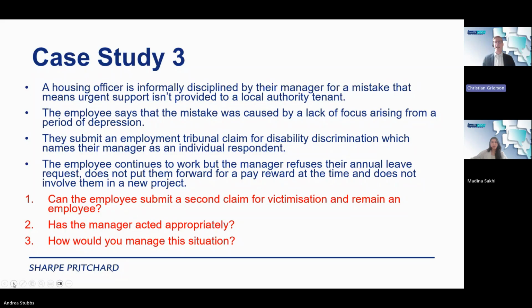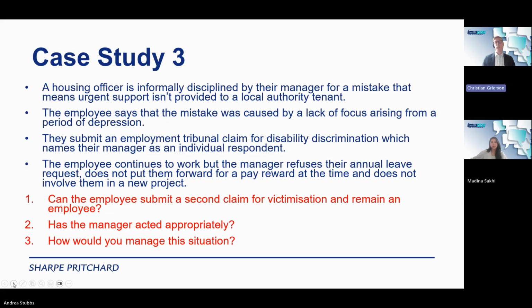So has the manager acted appropriately? It appears from these basic facts that they may have acted inappropriately. This is because the employee puts in a tribunal claim, then the manager refuses annual leave, doesn't allow them a pay reward, and doesn't involve them in an interesting new project. Maybe if it was just one isolated incident that could be explained, then perhaps that would be fine.